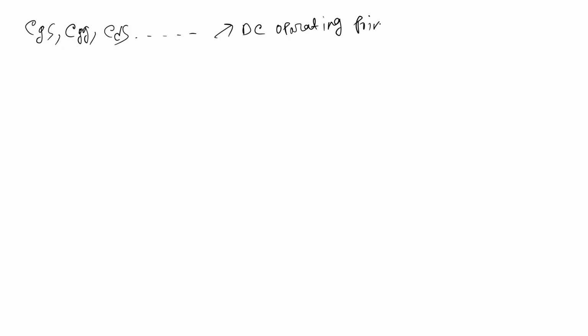Depending on your design, you will extract more parameters, like capacitances, if you need them. You need to extract CGS, CGG, CDS, and many other capacitances, which you can find out by using the DC operating point, because we will characterize this MOSFET by using the DC simulation.